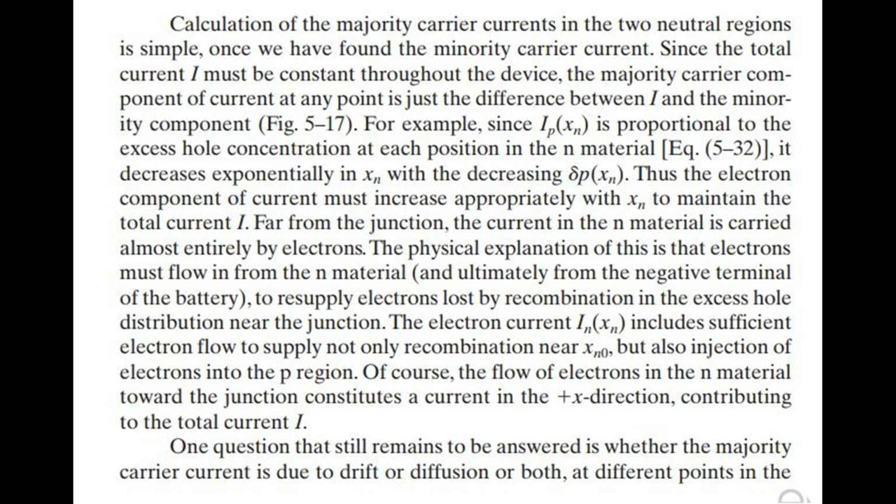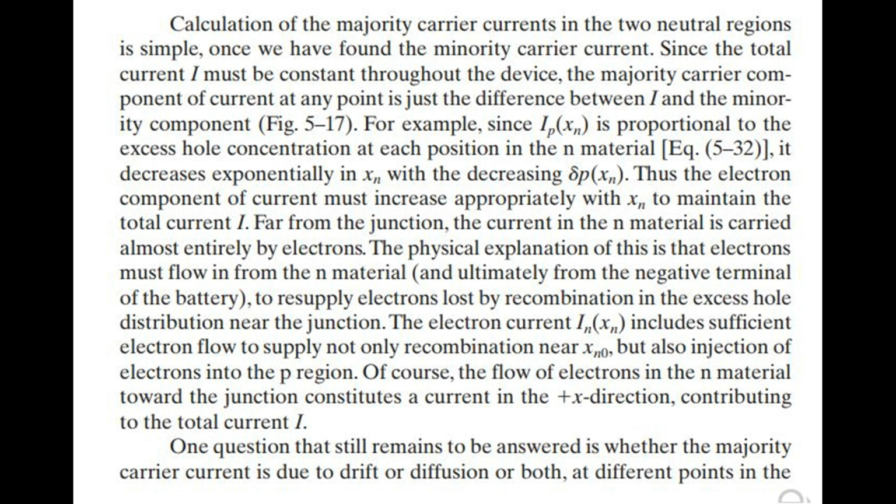For example, since Ip(xn) is proportional to the excess hole concentration at each position in the n material, Eq. 5-32, it decreases exponentially in xn with the decreasing δp(xn). Thus the electron component of current must increase appropriately with xn to maintain the total current I. Far from the junction, the current in the n material is carried almost entirely by electrons.